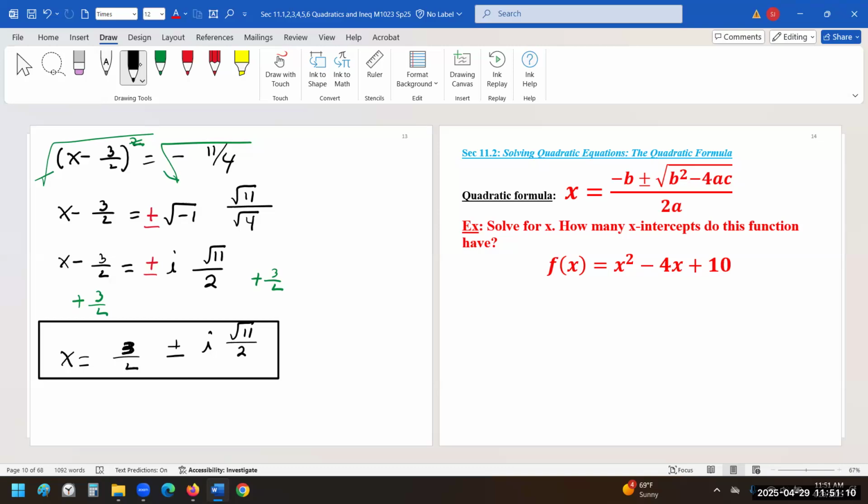But let's do one example of the quadratic formula. Let's say we have this quadratic function, and we want to get the x-intercept of this function. It means solve for x. So our x is negative b plus minus square root of b squared minus 4ac, whole thing divided by 2a.